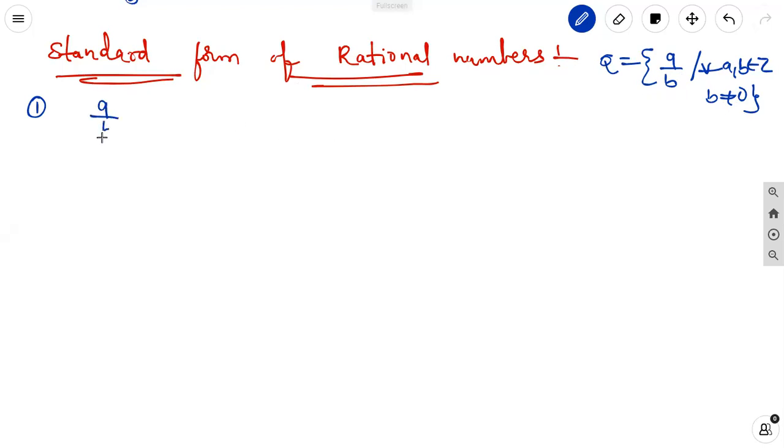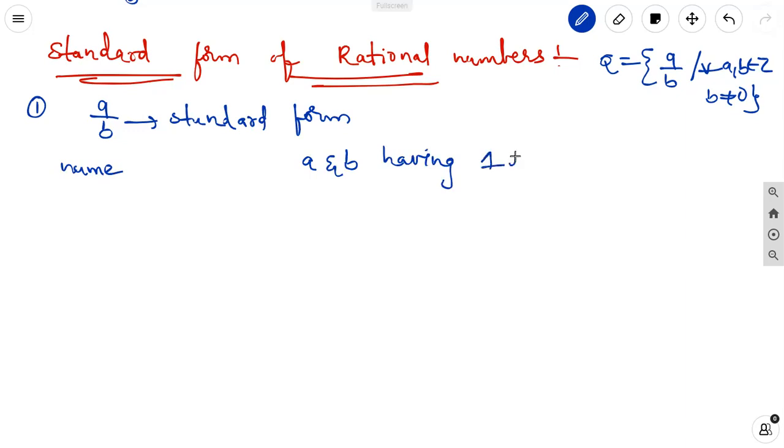So a by b is in standard form means a and b have only one as the common factor.